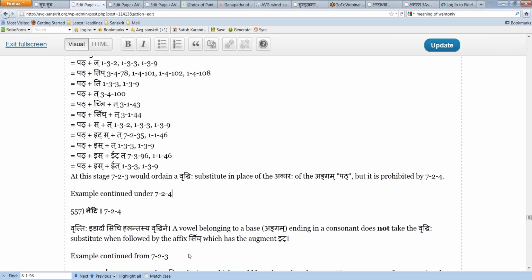So that now stops the vriddhi. So far what do we have? We have vada vraja halantasyachaha vriddhi adeshaha praptaha, but neti iti nishedhaha. Because the neti says that if this sich has an idagamaha, then we cannot do the vriddhyadeshaha.